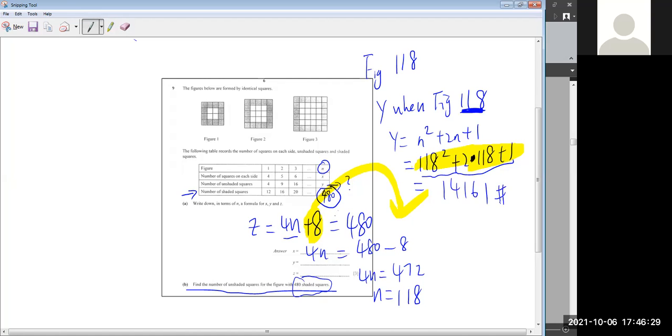Okay, yeah. Let me just use my calculator, just have you double check. Yeah, 14161, yes. So the answer for unshaded square is 14161. Okay, so that's how you do this question.